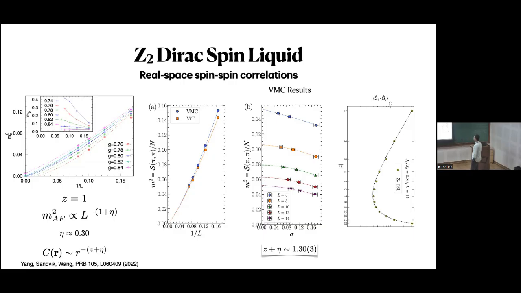This is my results from VMC, and this is from Federico Becca and company using transformer neural network wave functions. And if we fit to the critical form, r to the power minus z, we get 1.3 with an error bar of 3. So telling you that we agree with DMRG and unconstrained neural networks, and that the wave function that I've proposed to you, which is highly constrained by symmetries, is essentially giving you the same power law decay as obtained from unconstrained methods.